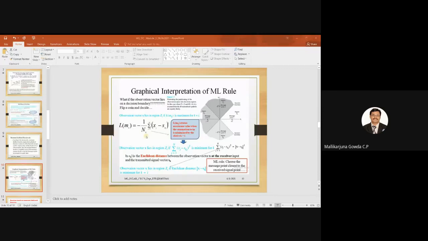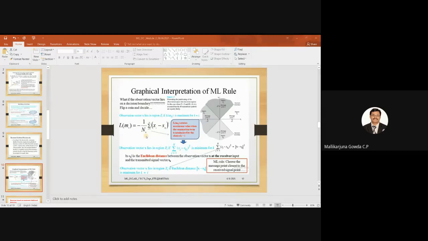So I made this one region, which I represented as region Z1, this is region Z2, this is region Z3, and this one is region Z4. I have four message points, meaning I'm considering four message symbols.